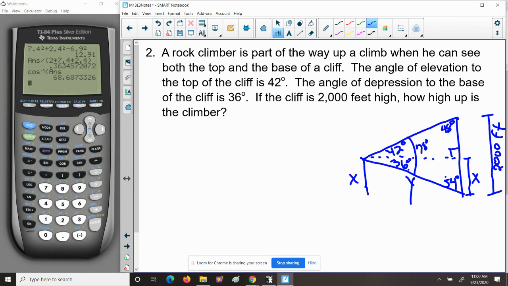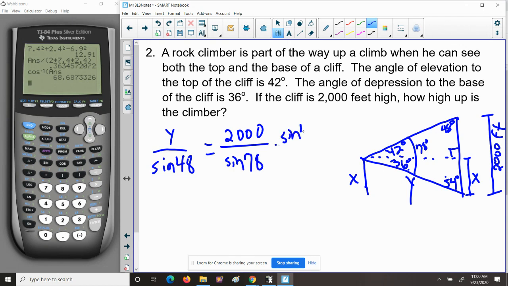Okay, we want to solve for that side. We're going to call it Y over the sine of the angle that goes with it, which is 48, equals, we have 2,000 as a side length, and the angle that corresponds to that is this total of 78. So sine of 78. To solve for Y, we're going to have to multiply by sine of 48 to cancel here.